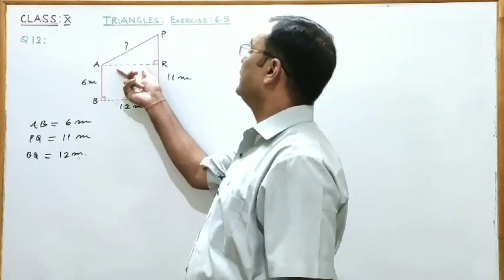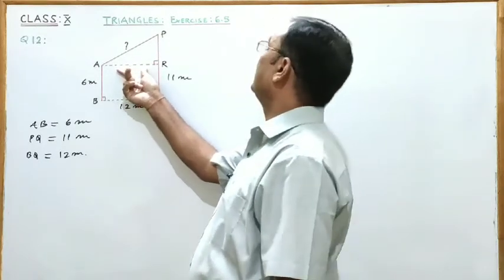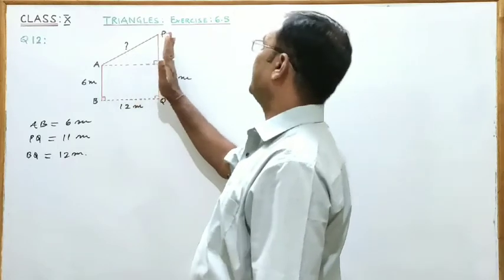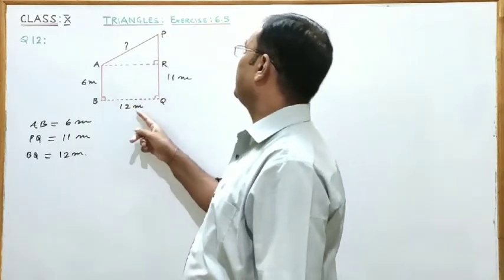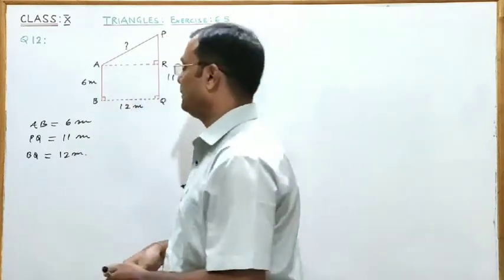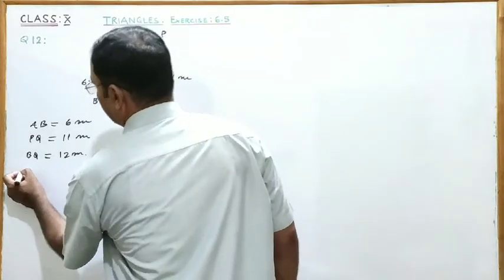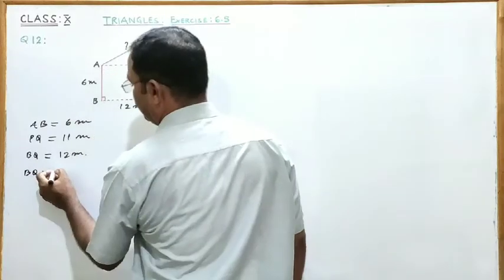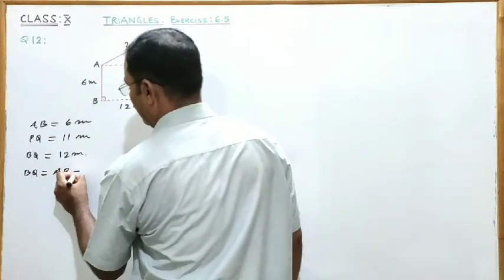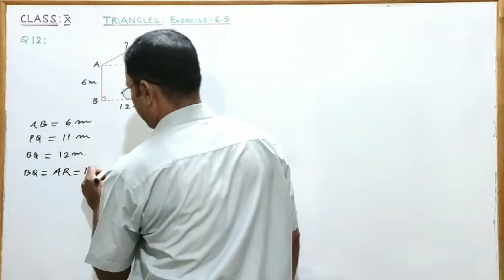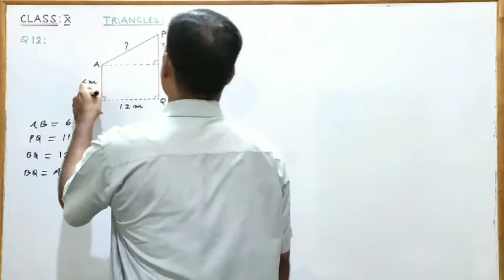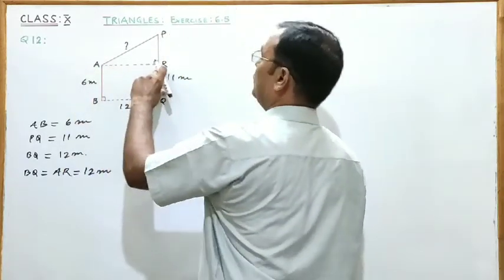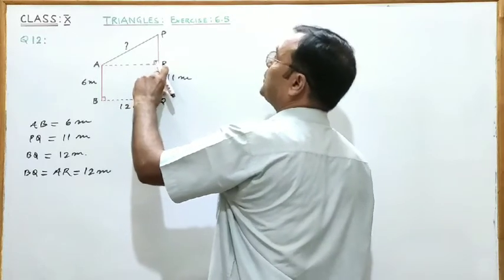AR is perpendicular on PQ. So here the figure is rectangular, that's why BQ and AR will be equal to 12 meter, and AB is equal to RQ, which will be equal to 6 meter.